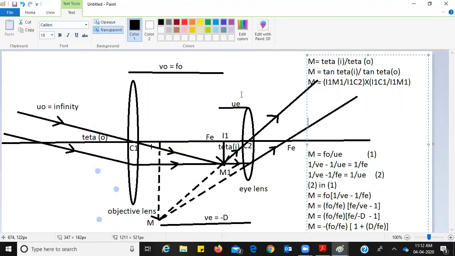Since all are constant, we don't want to go for any approximation. So how did FE by D minus D become D by FE, like the reciprocal?